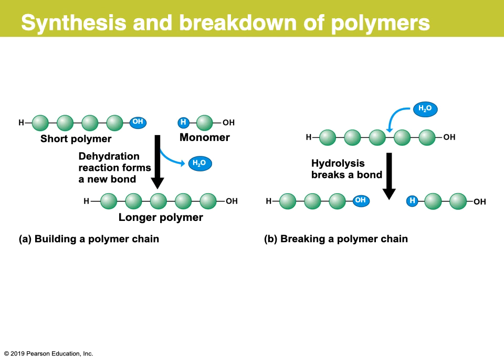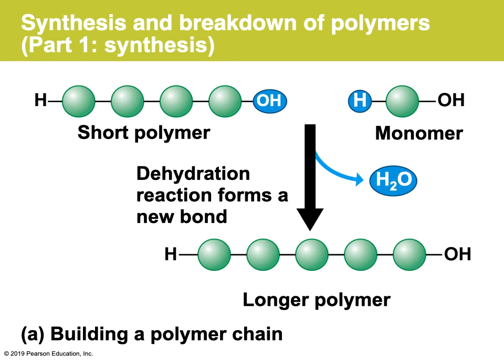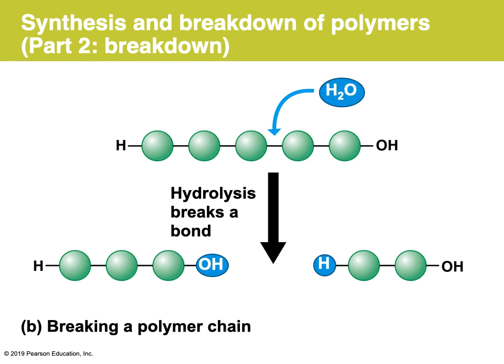And now that energy that was holding those parts on is used to then form the longer polymer. Going to the right-hand side, you're seeing the reverse. By inserting water, you are breaking a polymer chain. So just in a slightly larger illustration. And on to the animation.